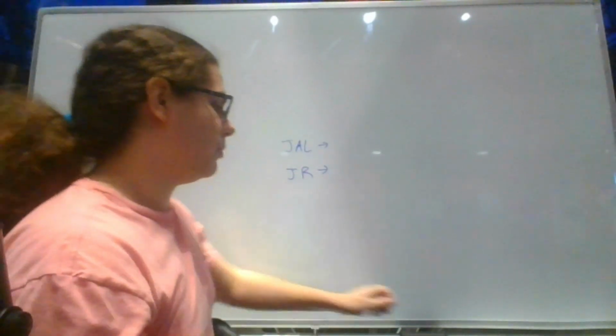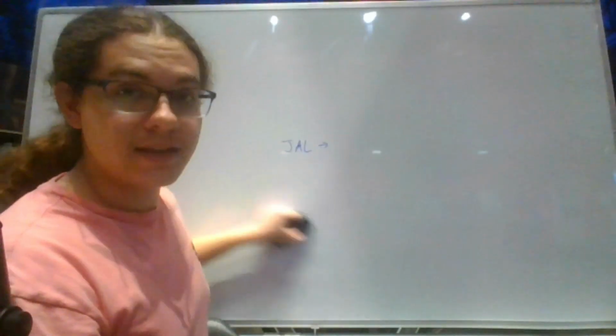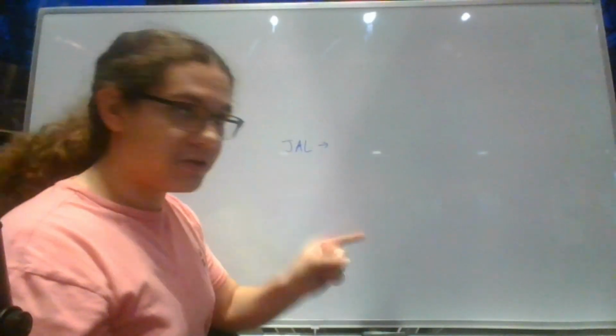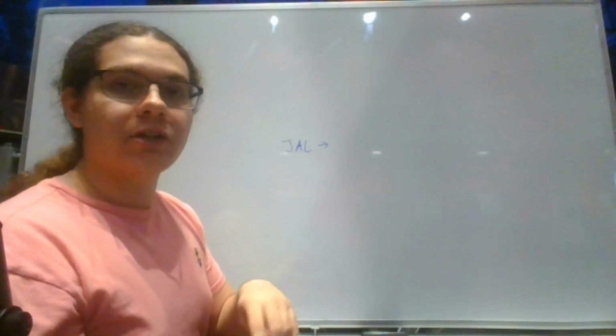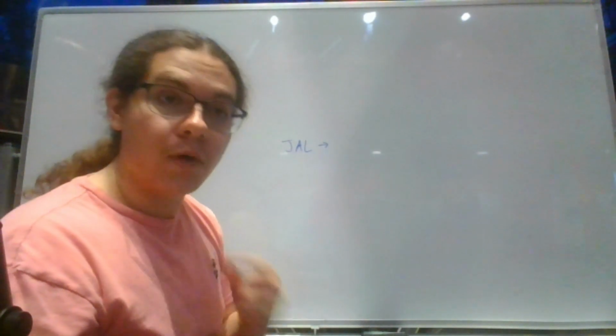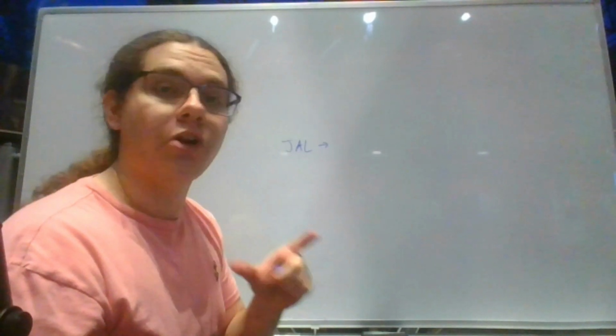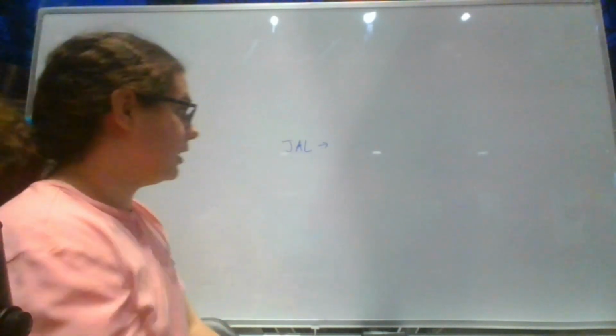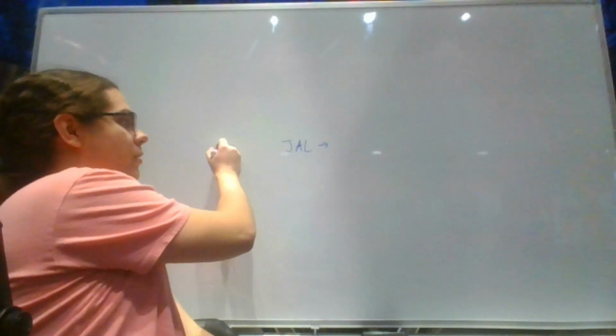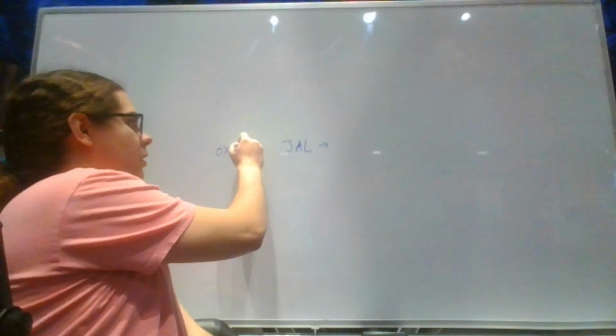Because when you do a jump and link, two things actually happen. The first thing that happens is that you store where you are at current, or where you're going to return to. So whatever line you're on, say this is at program memory hex 400.